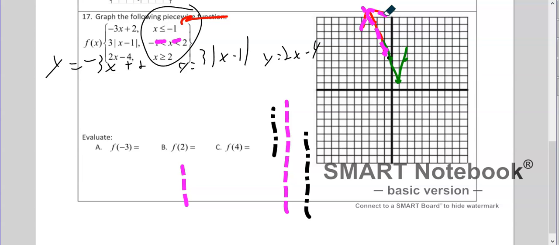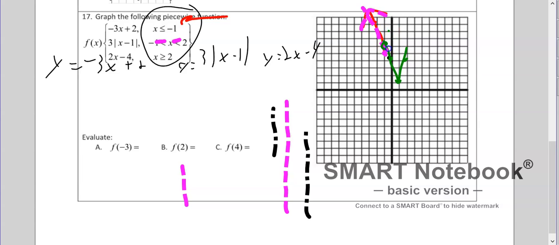Okay. For the green one, I want in between -1, but I don't want it to actually hit there. So remember, -1 gives me -1, 6.